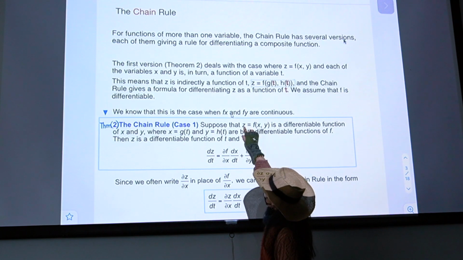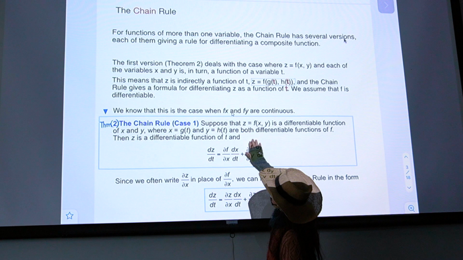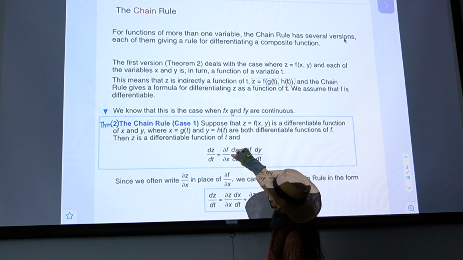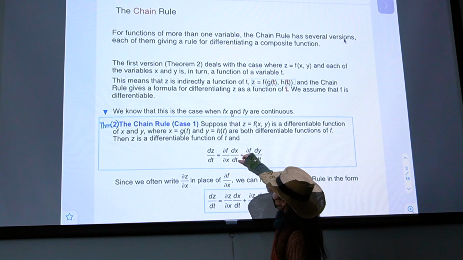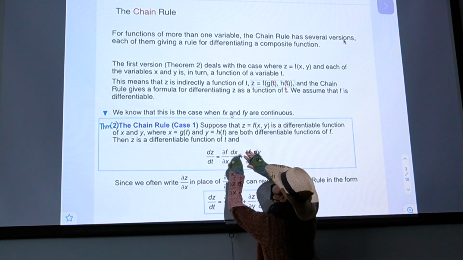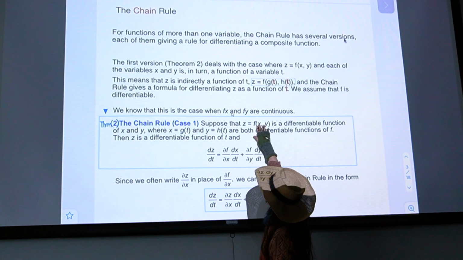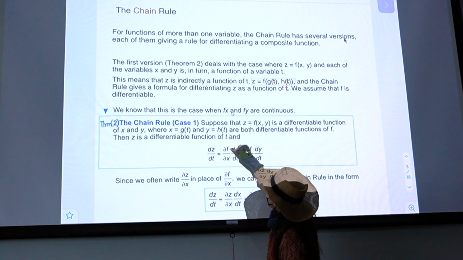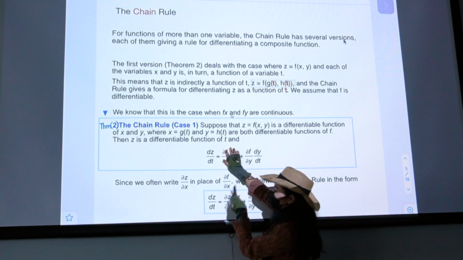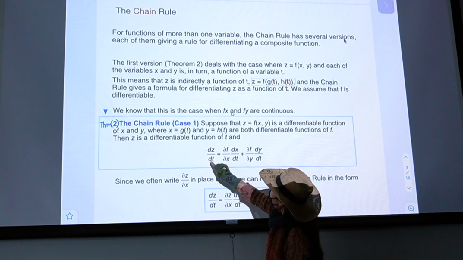Then the way the z here changes with respect to t will be the rate of change of f with respect to x times the rate of change of x with respect to t. This is just the regular chain rule. It's like the one that we mentioned before, right? And similarly, if you hold the x constant as the t changes, then that will be 0. And then this is just a regular chain rule in one dimension, in one variable.